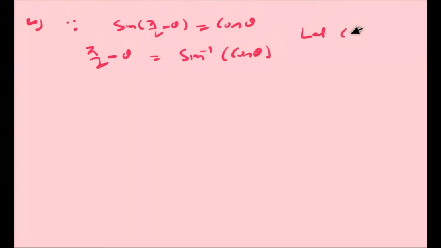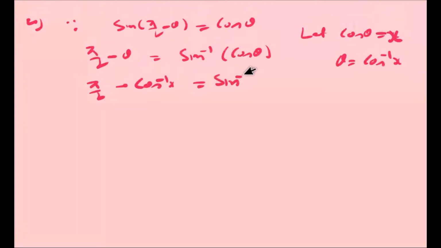Let cos theta value be x, then theta equals cos inverse x. So putting these two values here, we get pi by 2 minus cos inverse x equals sine inverse of cos theta, which is x. So what is the formula? Pi by 2 equals sine inverse x plus cos inverse x.